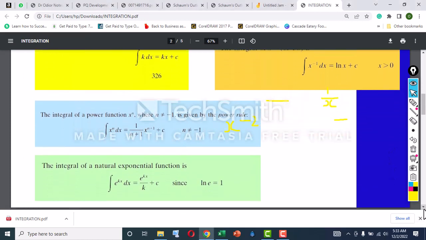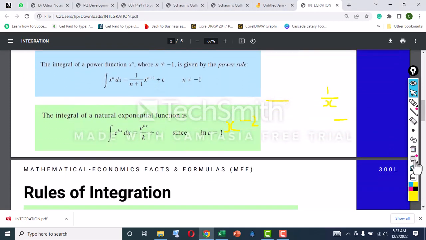Then another rule here is when you have a natural exponential function, this Mr. E. So when you are integrating e raised to power kx, that k can be any number 2, 3, 4, 5, 6, it is actually just you dividing this particular function by this number k.